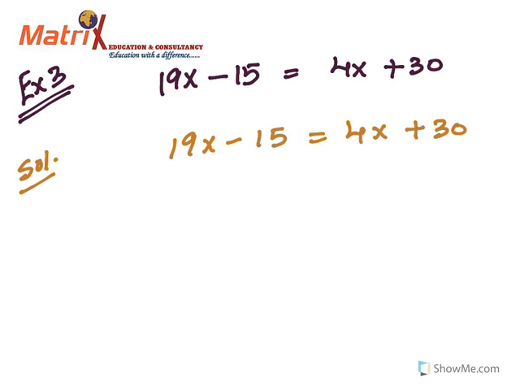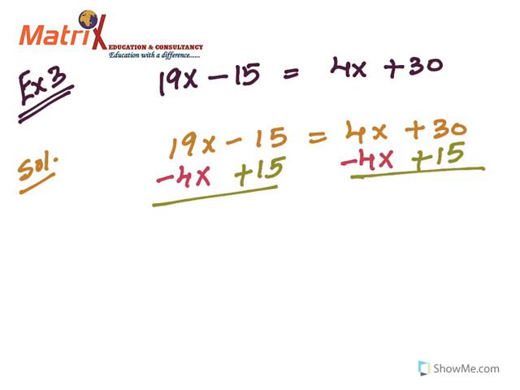Now, we need to combine like terms. What we simply do is write minus 4x here, minus 4x here, plus 15 here, plus 15 here. I just want to show you in different colors.